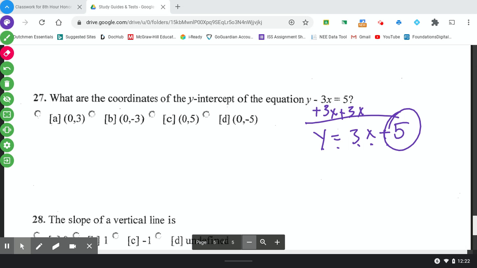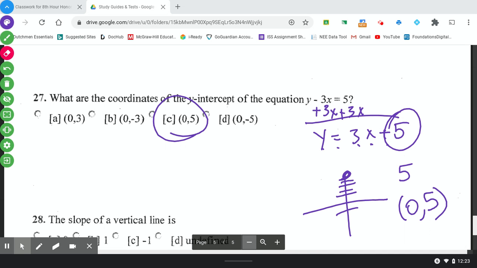So b is 5. So if that's the y coordinate, that's where it crosses y. So think about it. If it crosses at positive 1, 2, 3, 4, 5, it's going to be right there, right? So what's the x value of that if it's on the y coordinate? It's 0. And then obviously the y coordinate would be 5. So it's (0, 5), letter C. Okay?